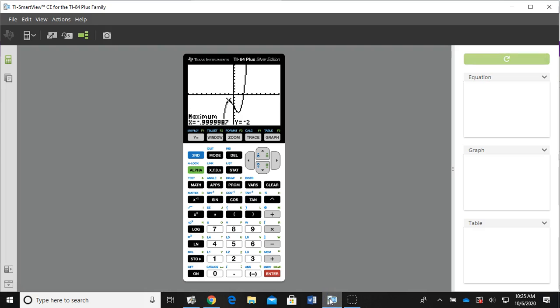Minimum, well, let's go find it. So for minimum, we're going to have second trace, go down to minimum, number 3, and we do the same thing. We move to the left. Here's the point we need to be left of. So that's good enough.